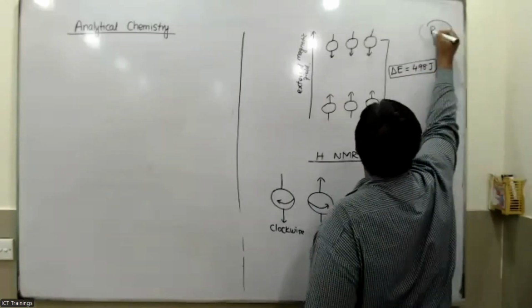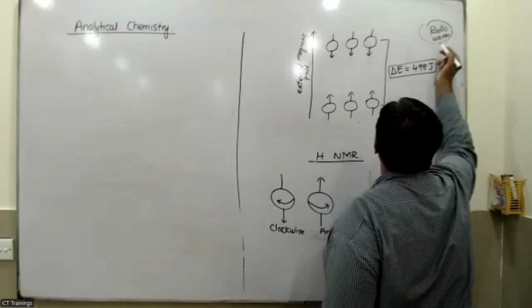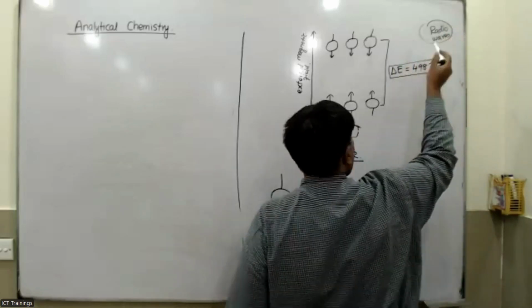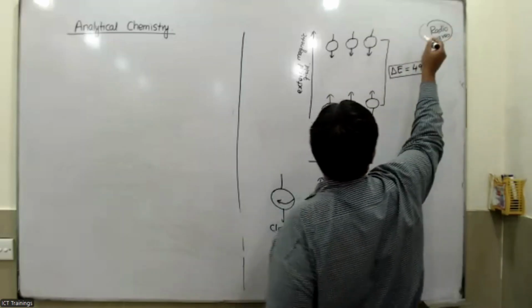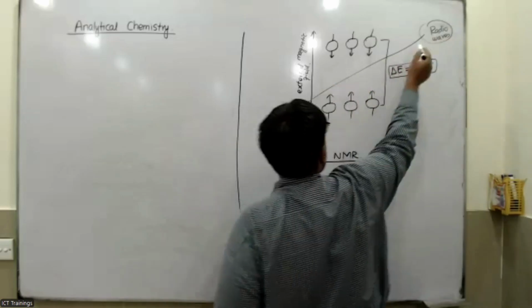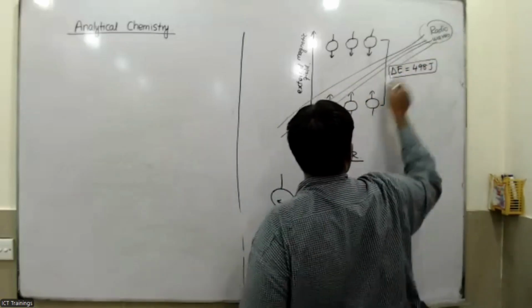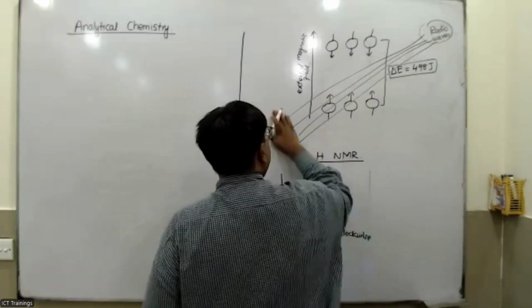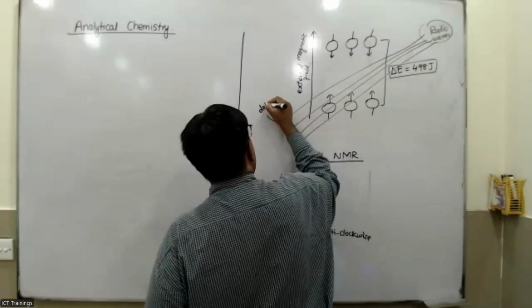So what we do, we throw the radio waves from here. These radio waves pass from here, and there is a detector. So this is the detector present up here.